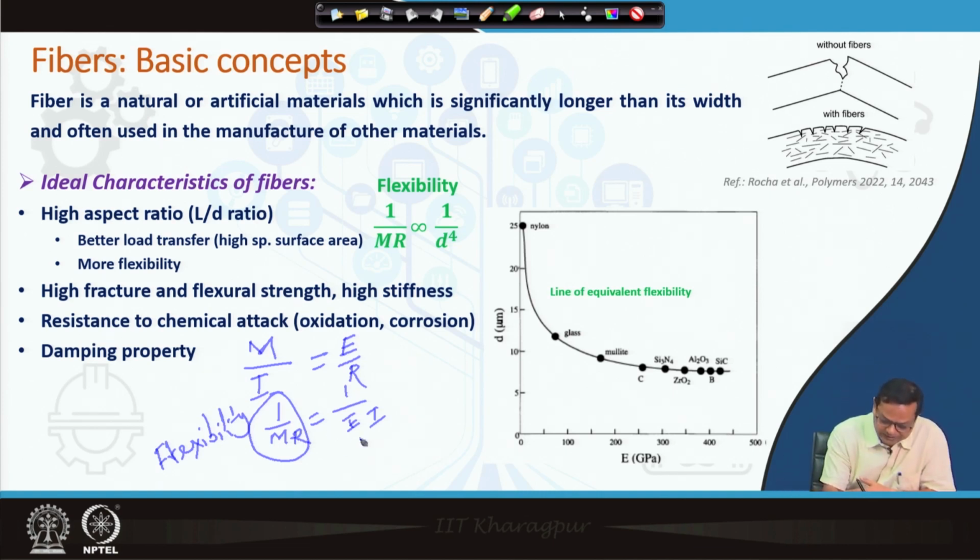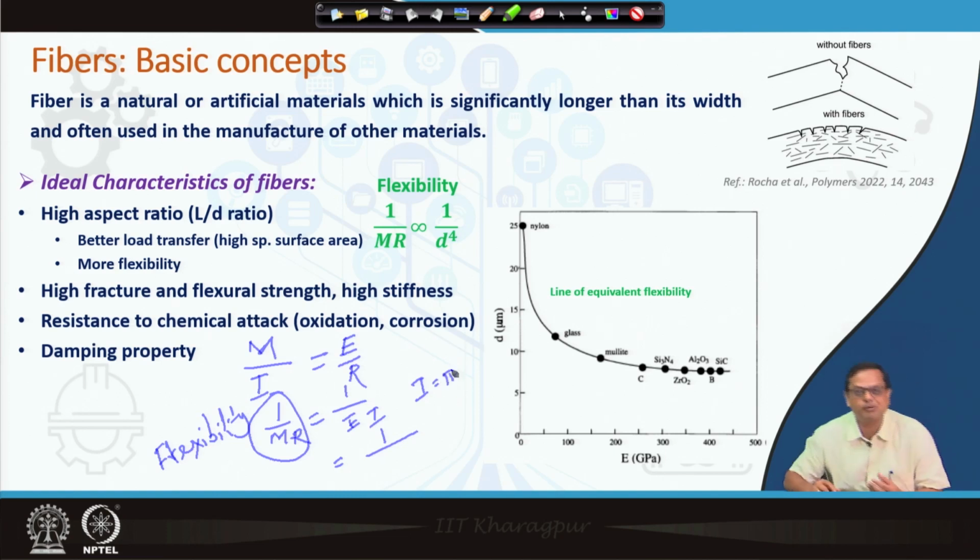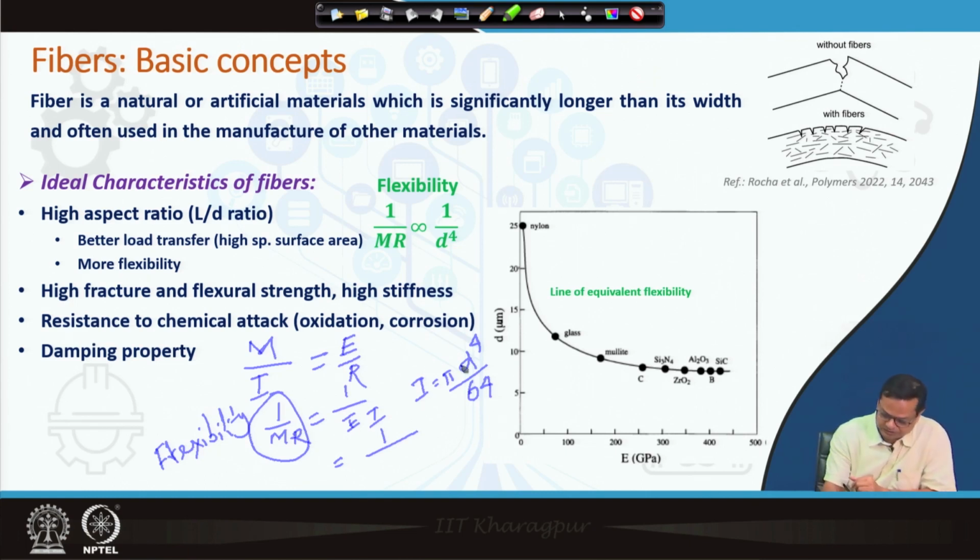Now, if we look back at this particular term 1 over E I, what is I? If we are talking about a circular cross section of the beam or the fiber here, I equals pi d to the power 4 by 64. These are all from the beam bending theories.